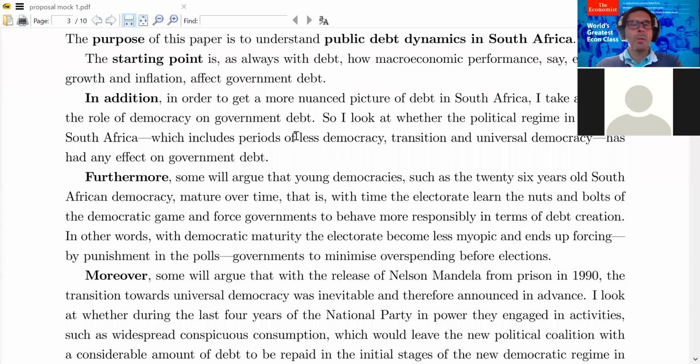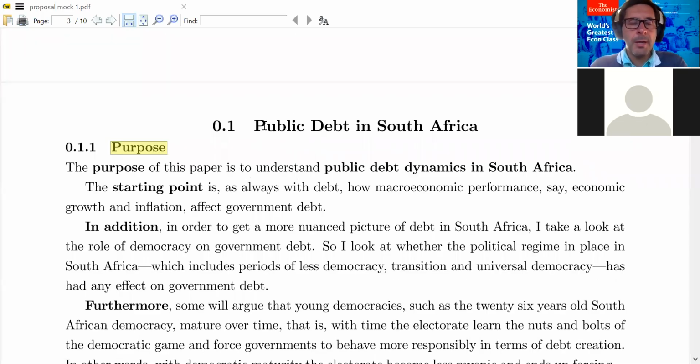Okay. So that is the first, let's say, section or subsection of the proposal. Wait a moment. Meaning, when writing the proposal part, we shouldn't include literature review. No, we are going to see that now, right?